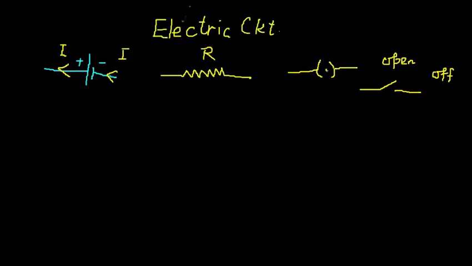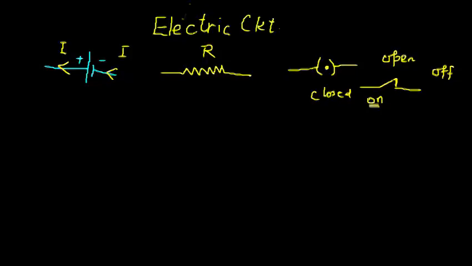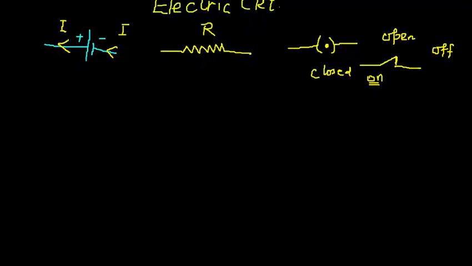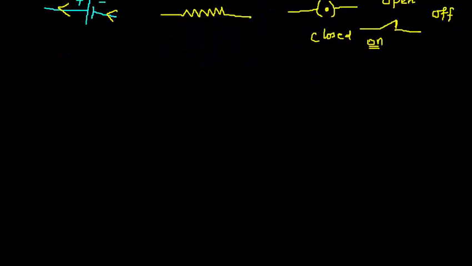Now when you put a dot here or we connect it, it's closed, or it's on for that matter. So these are some of the basic components, the minimum components I'd say we need to make a circuit. And now let's compare one circuit with its mechanical analogy.